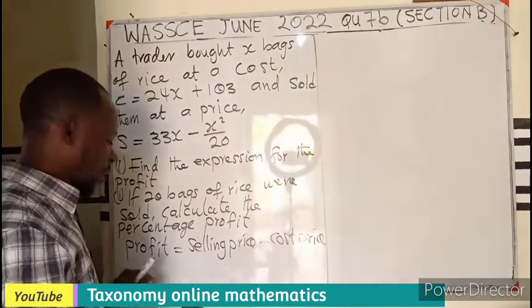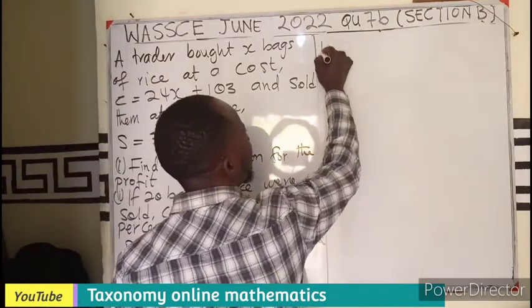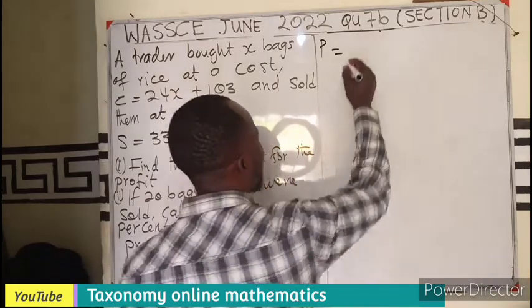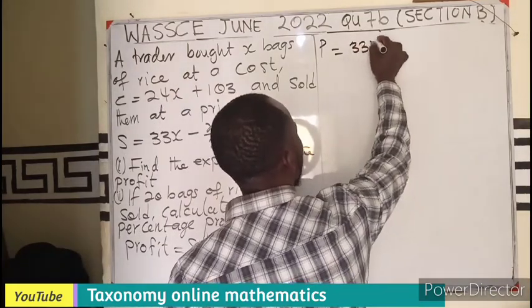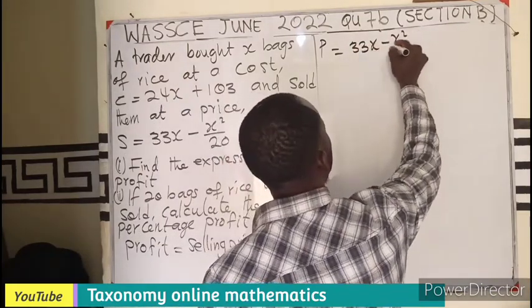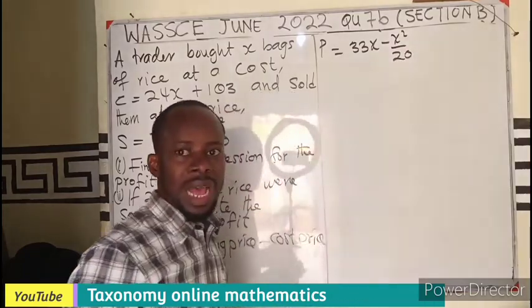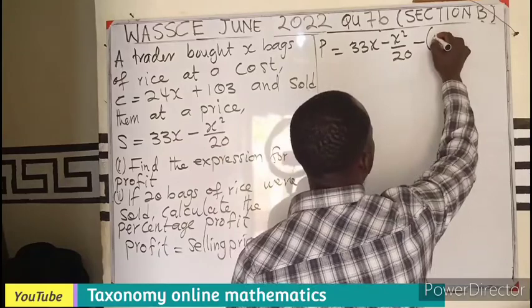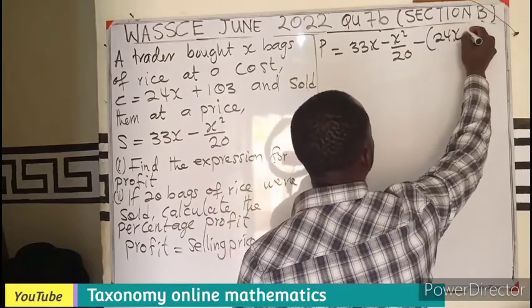Cost price. So if I use P for profit, then P equals the selling price, in this case 33x minus x squared over 20, then minus the cost price, 24x.